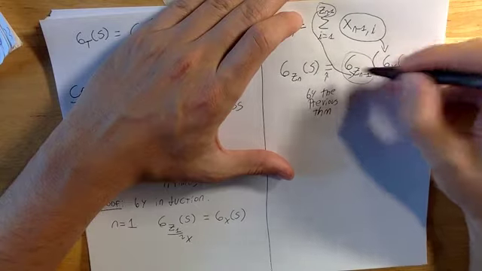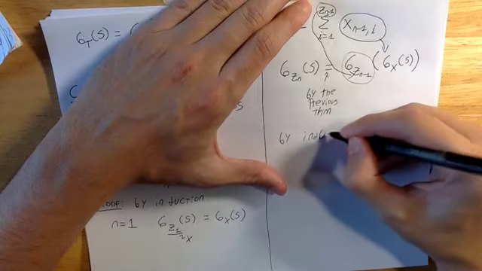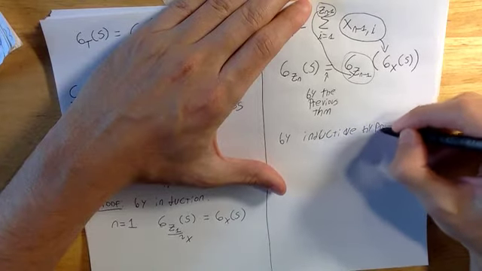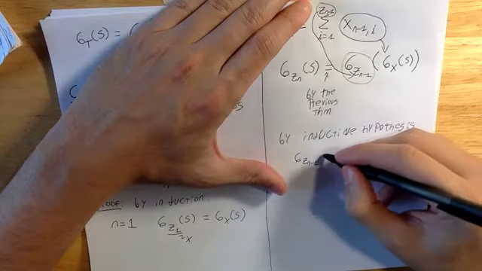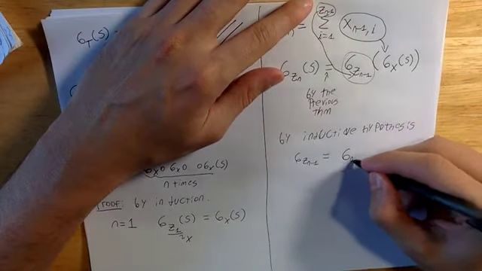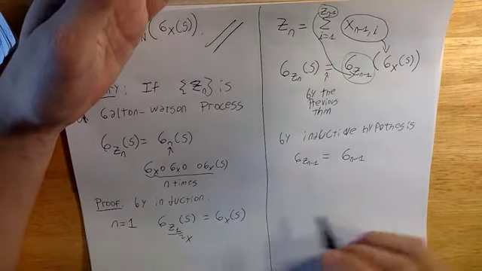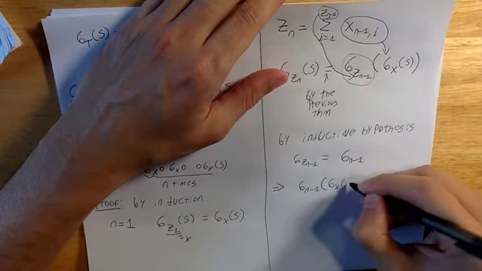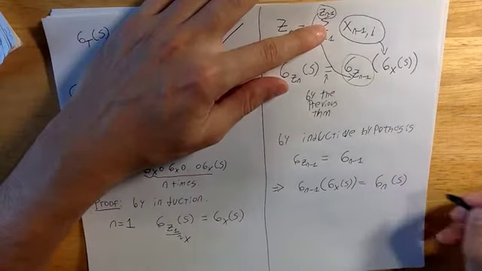But this thing here is by inductive hypothesis. G of Z_{n-1} is equal to G_{n-1}, which again, this is just the composition of G_X n minus 1 times. Okay, so then if we have G_{n-1} composed with G_X of s, this is just going to be G_n of s.